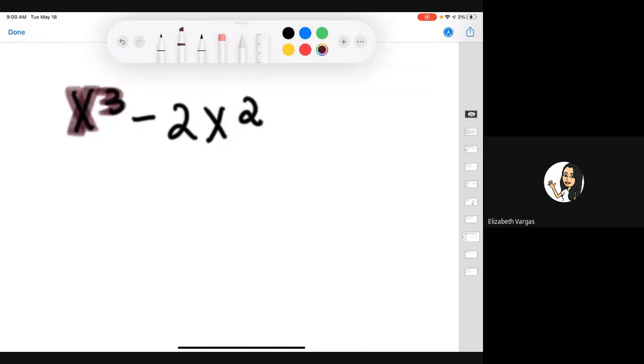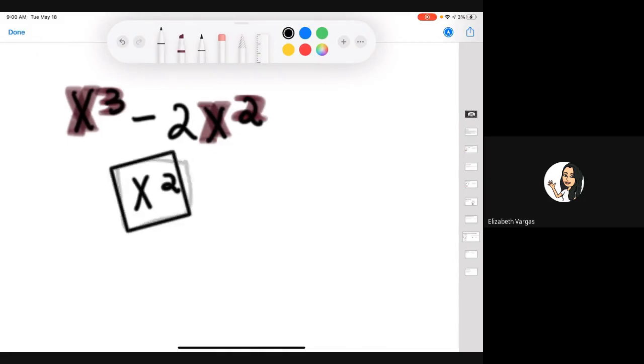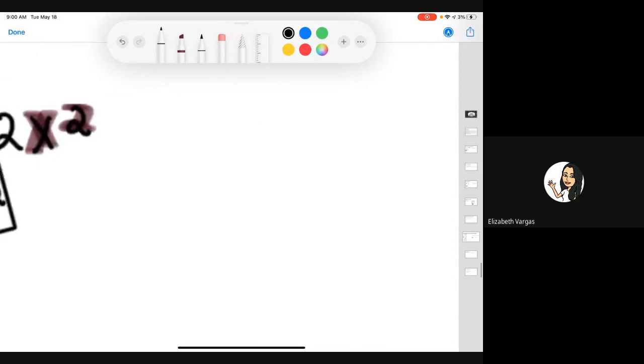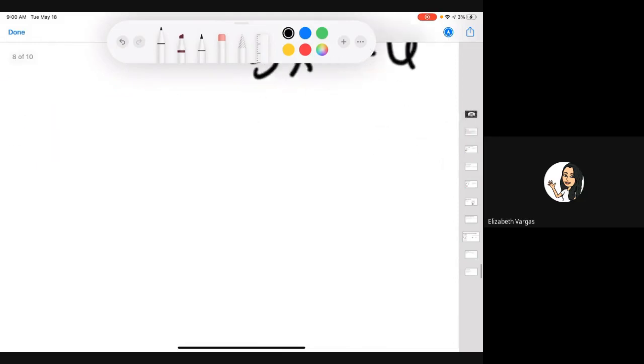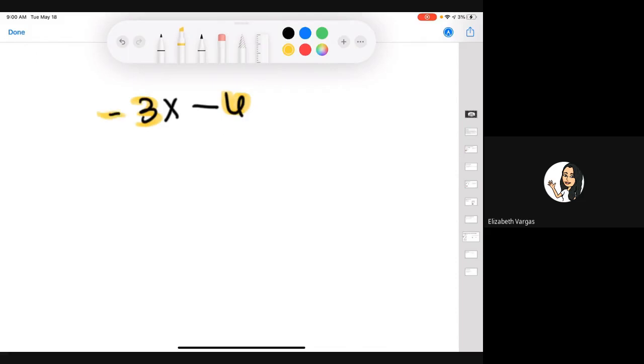I have x cubed and I have x squared. So because I have common x's, I want to take the smallest of them. So this is my factor here. Now this side, I have two whole numbers, -3, and this is actually a -6.